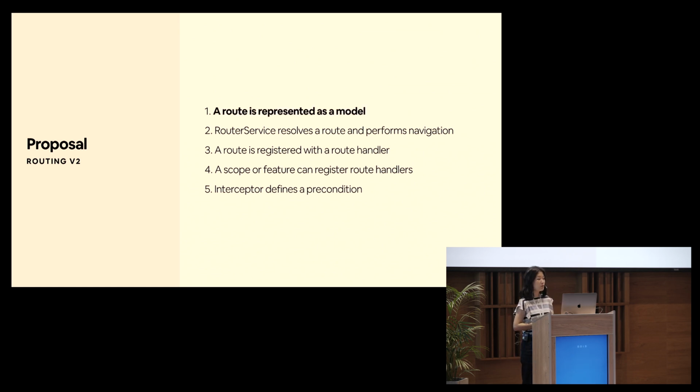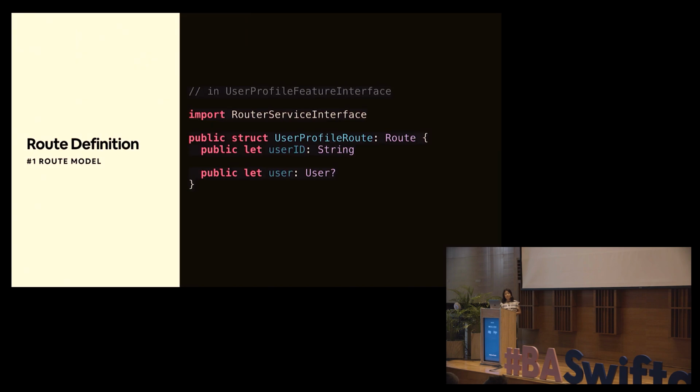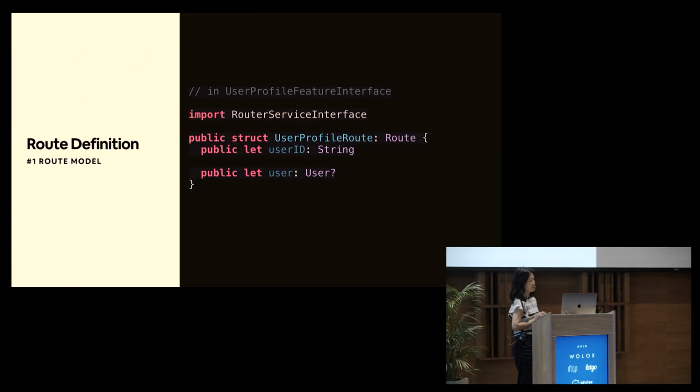Number one, a route is represented as a model. So in the new system, we have route protocol defined in the router service interface module, serving as a unified type. A route model contains a set of required and optional parameters.